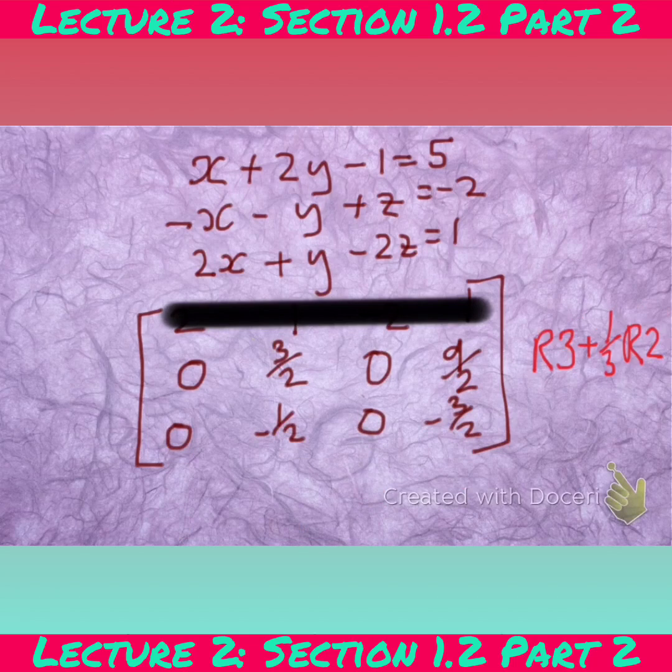Now I'm going to create zeros below 3/2, so I can change the third row by adding a third of the second row to it. Let's do that. You multiply the second row by a third.